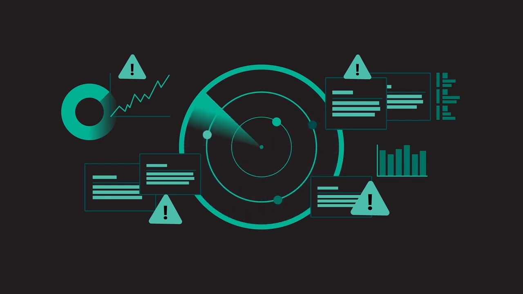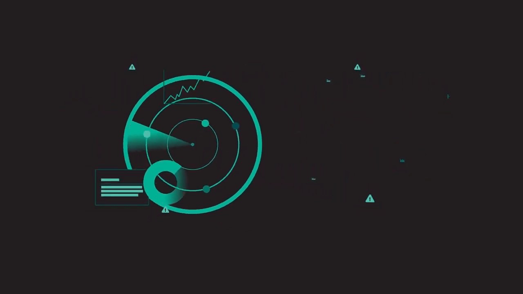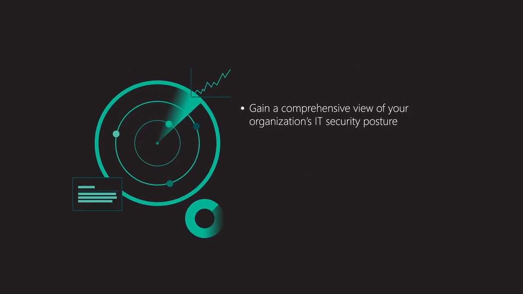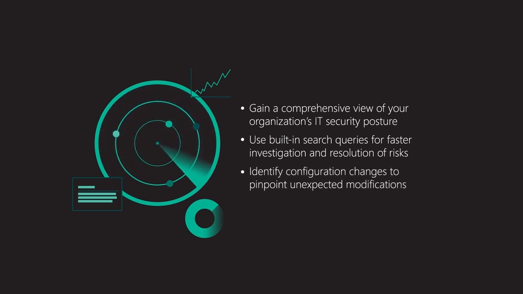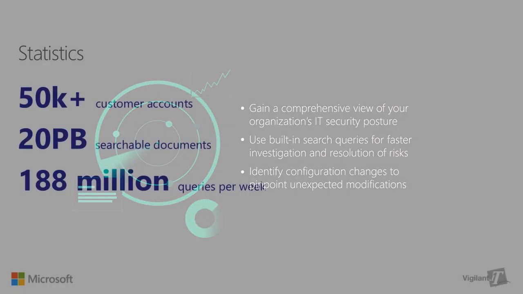Security and Compliance is a unique service in OMS that provides many benefits, including gaining a comprehensive view of your organization's IT security posture, using built-in search queries for faster investigation and resolution of risks, and identifying configuration changes to pinpoint unexpected modifications.